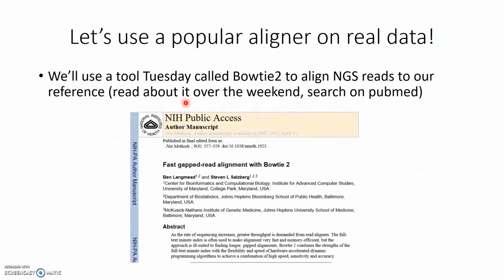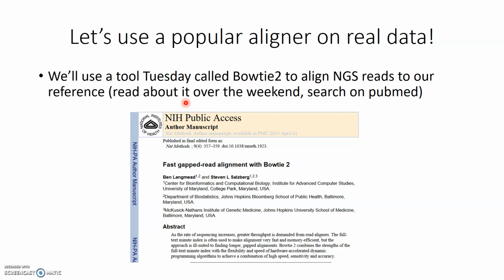To perform this, we used a program called Bowtie 2. You can see there an image of the publication, and you can read about it more if you are so inclined. Of course, you can search on PubMed and find this quite easily.